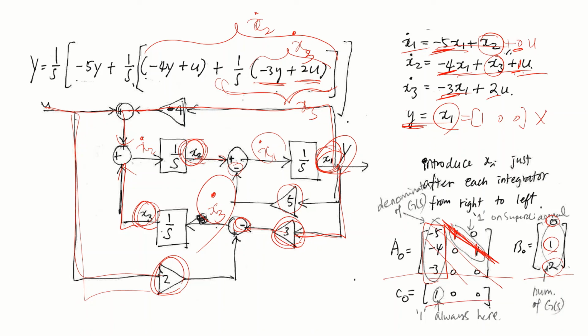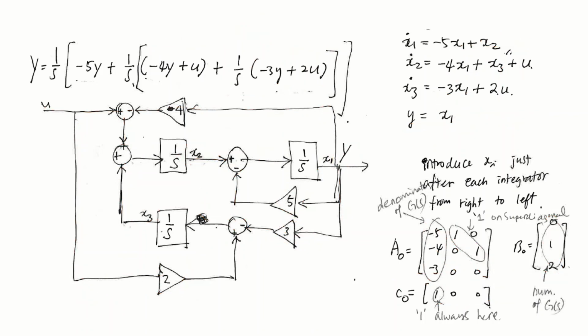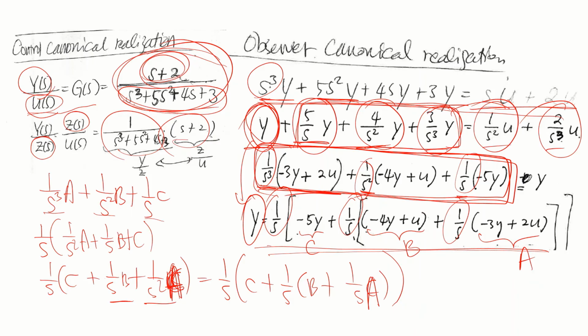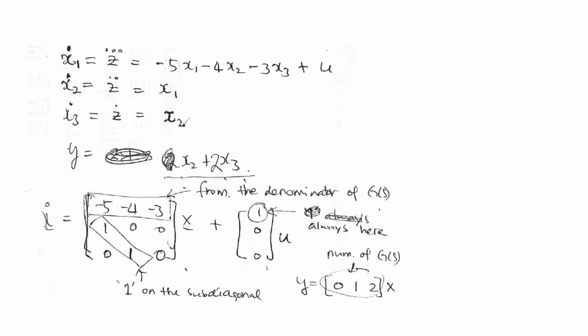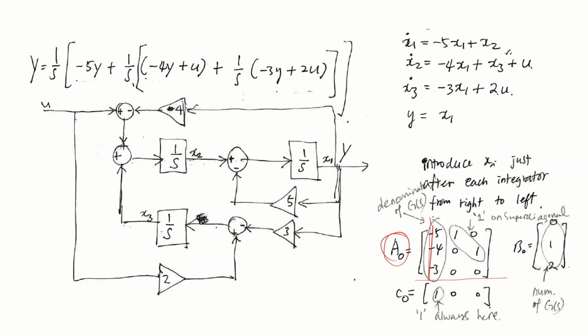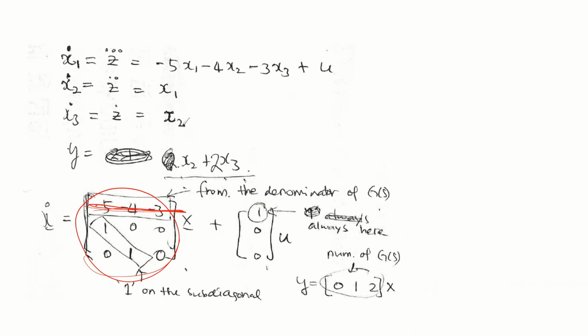Well, this is quite an interesting discovery, because this AO, the A matrix for this observer canonical realization, is in fact the transpose of this AC. So this first row now becomes first column, right?